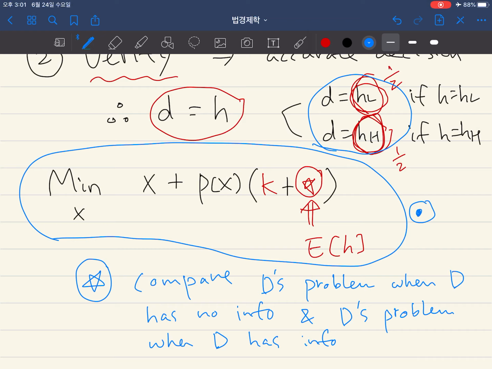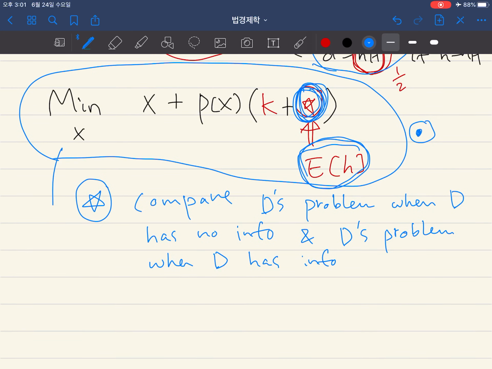In that case, this part is either HL or HH, and it is changing depending on the actual harm. But as we can see here, it's not changing anymore. It is just a fixed number.